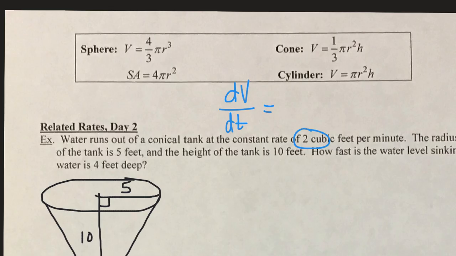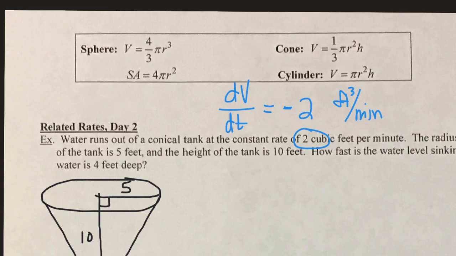Water is leaving the tank, so the volume of water, the amount of water in the tank is decreasing. Okay, that's number one, identifying what we're even talking about. So decreasing, so I'm gonna make this a negative 2 cubic feet per minute. So that's our rate at which the volume is changing. It is losing water, which is why we have a negative 2.